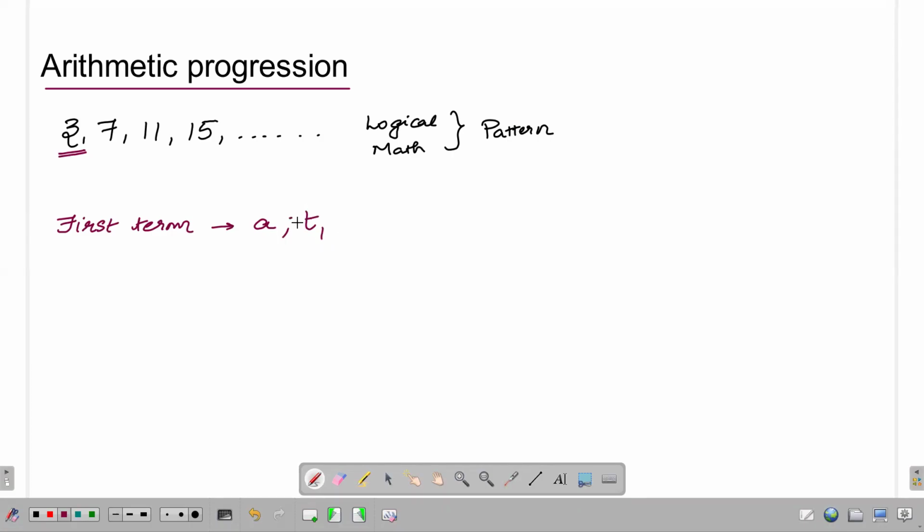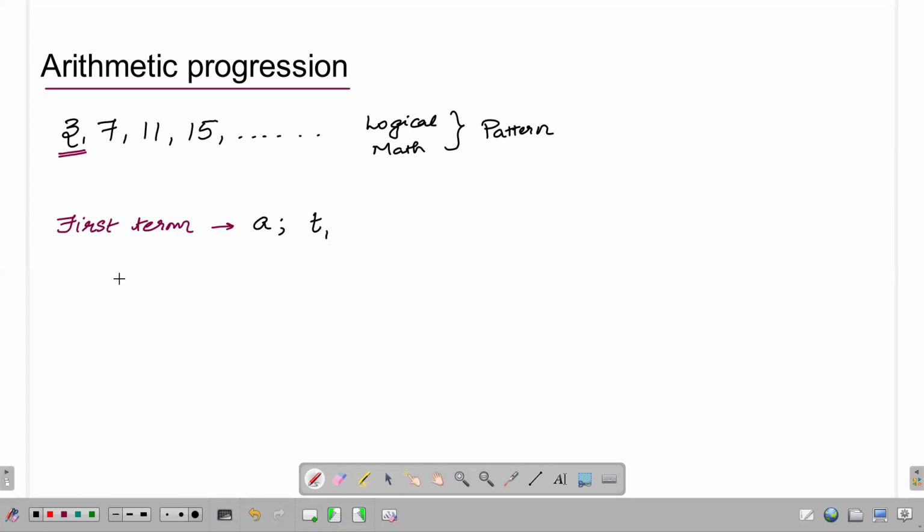So these are the notations that you should be familiar with. So make a note of that part. The first term is represented using small letter a, or it can also be written as T1.